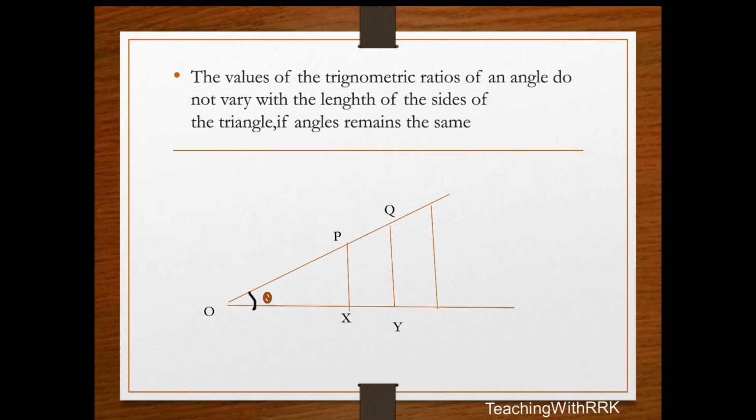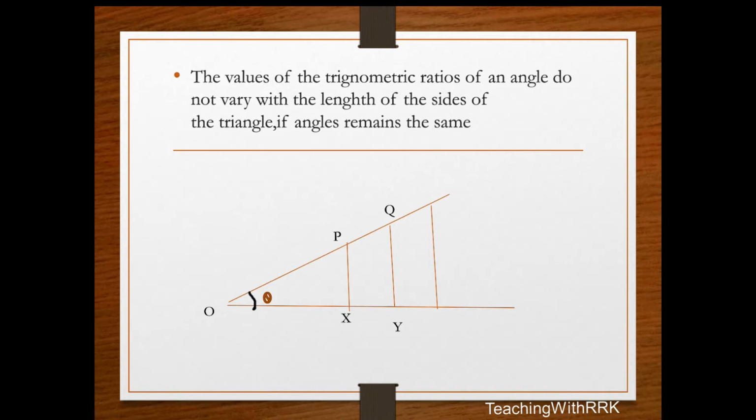Next, the values of trigonometric ratios of an angle do not vary with the length of the sides of the triangle if the angle remains the same. What does that mean? Here consider two right triangles, triangle POX and triangle QOY.